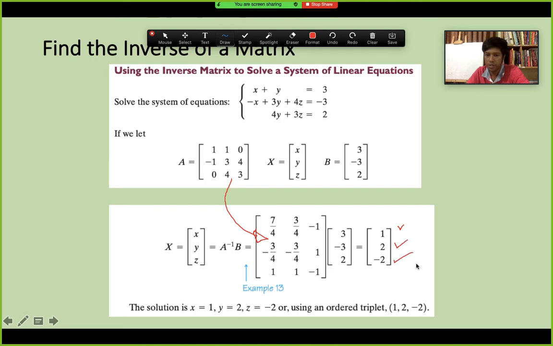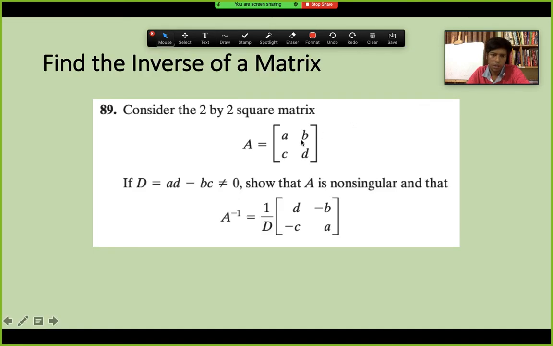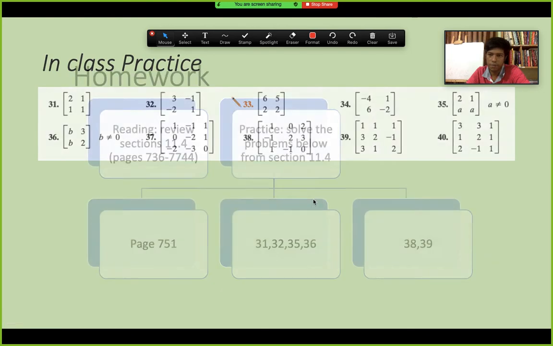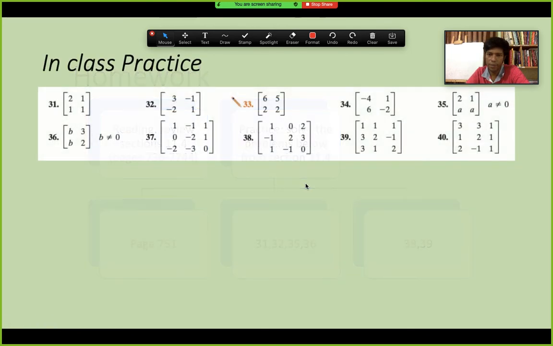These are the x, y, z values. So once we get the inverse, it is easy to solve the equation. Okay. This is this one. We'll try to solve math from here in our class.